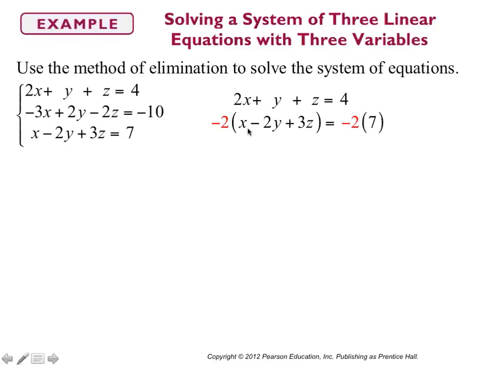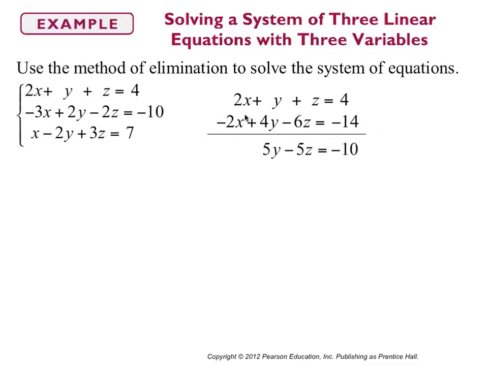So we have negative 2 times our third equation, x minus 2y plus 3z equals negative 2 times 7. We distribute the negative 2 through. So we have our first equation, and our new third equation, which is now negative 2x plus 4y minus 6z equals negative 14.